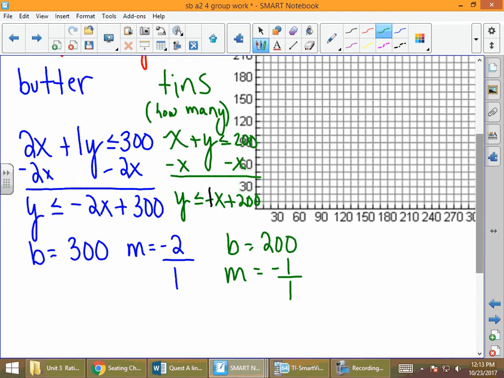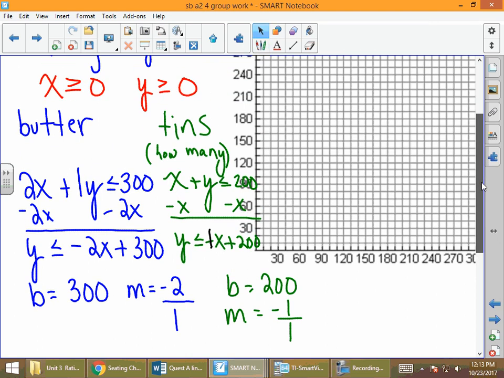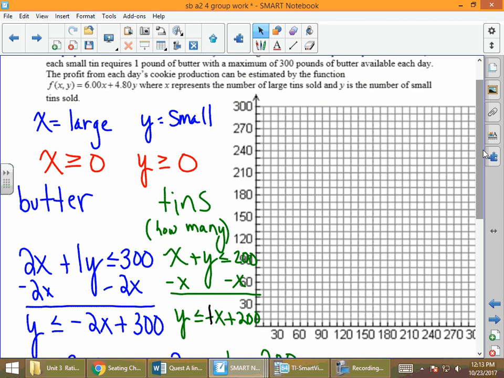And then we need to come over here and graph. I know that I'm not using a ruler, but the rest of you have rulers. X is greater than or equal to 0 means that we have to cross the x-axis. This is a vertical line. And y is greater than or equal to 0 is a horizontal line.